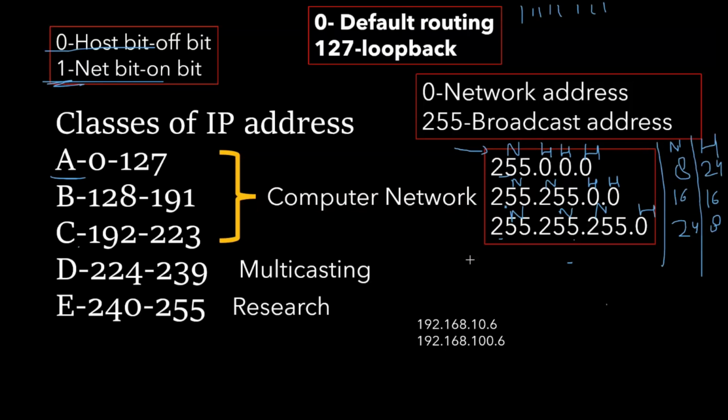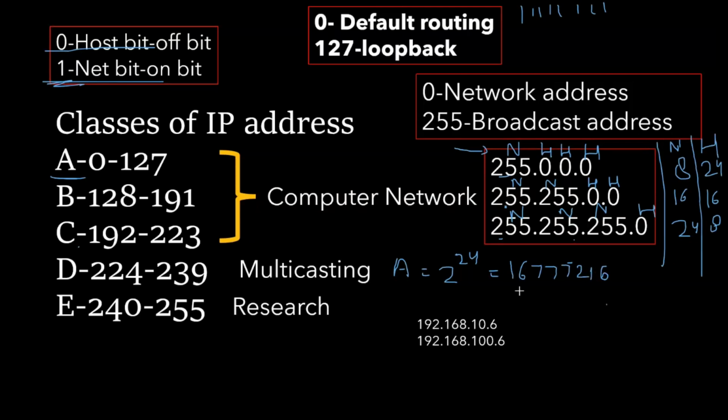Now, if you want to calculate the host value, how many hosts you can connect, for class A the formula is 2 power host bit. In class A, host bit is 24, and it is equal to what value? 1 crore 67 lakh 77,216.